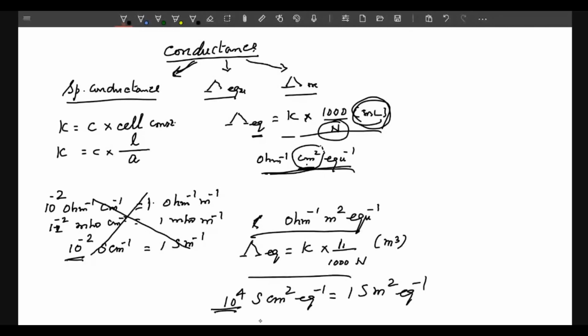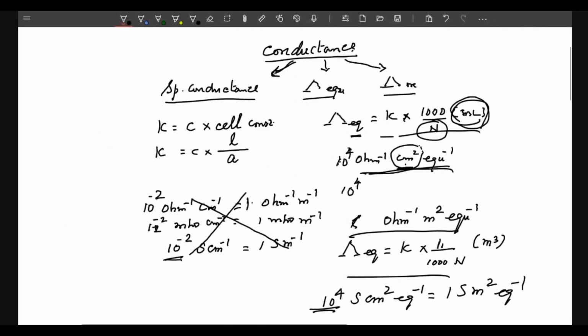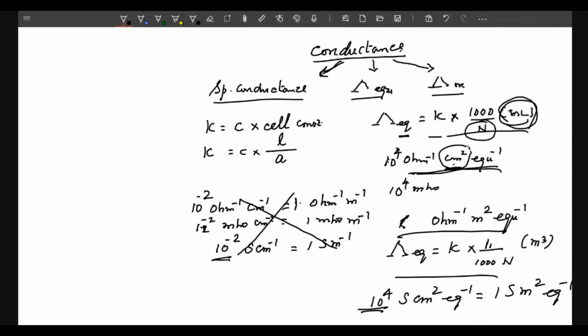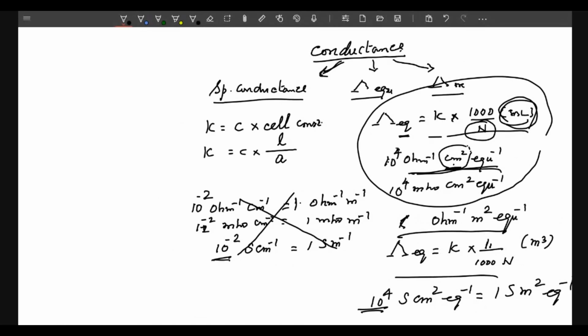The 10 power 4 may be used in the per ohm or before the mho. Therefore, you can directly find this one, then convert it into that one, or by using the relationship first, you can go either way. This is the second type of problem we are going to work out today.